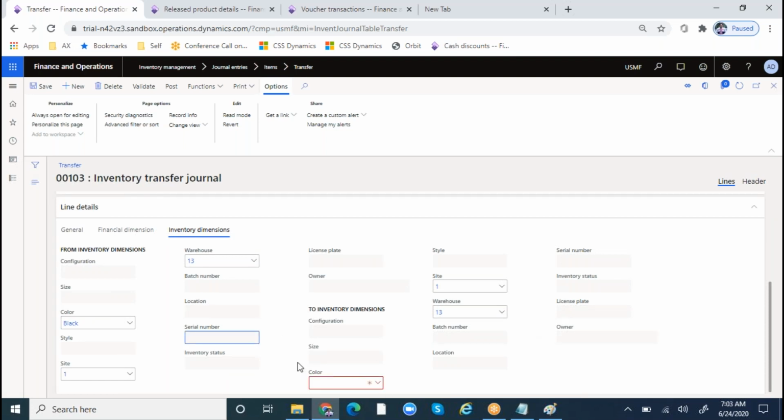Like that I can change. Suppose from black color to pink color. So the inventory dimensions can be changed from one inventory dimension to another inventory dimension in this transfer journal.